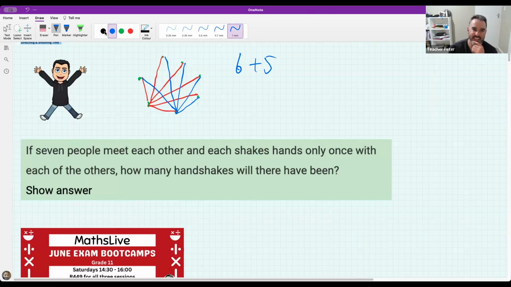Okay, I'll give you another hint. So we did this person here, that was the red, and then we did this one. The next person, like for example, this person over here, they've done this person, they've done that person, but they still need to go 1, 2, 3, 4.